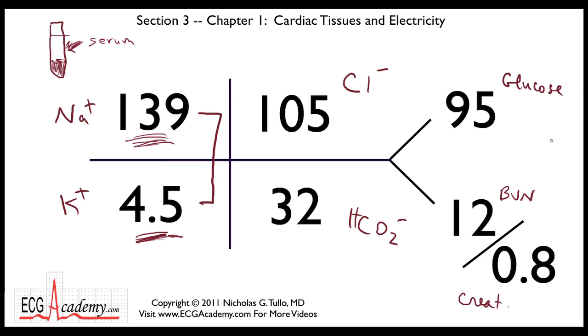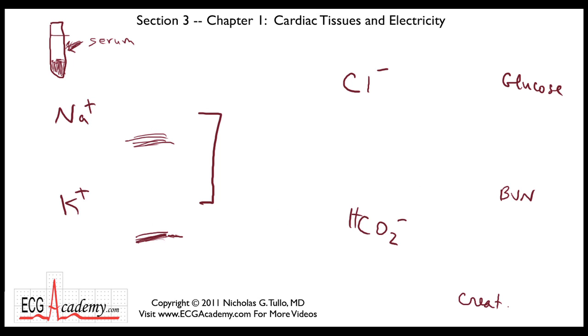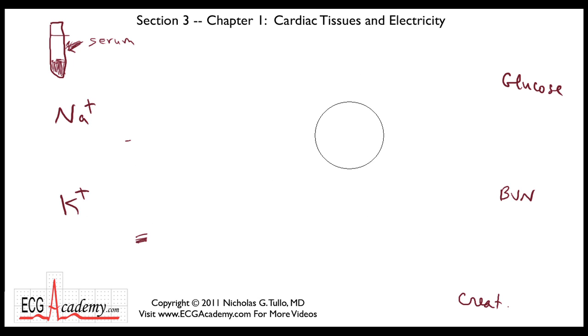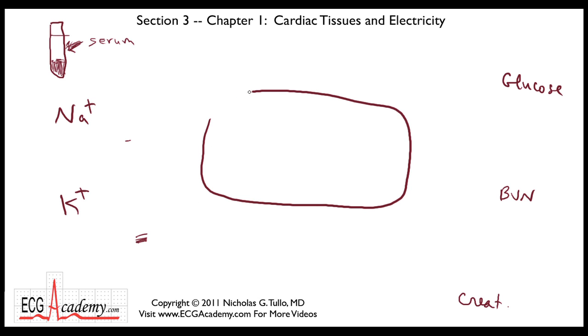Now, when you take a cell in the body, any cell, get rid of these numbers, and just draw a little cell here. A cell, of course, has a cell membrane around it. You remember this from basic biology. And inside is the cytoplasm. Well, if you sample the cytoplasm in here, you find very large concentrations of potassium and only little concentrations of sodium.